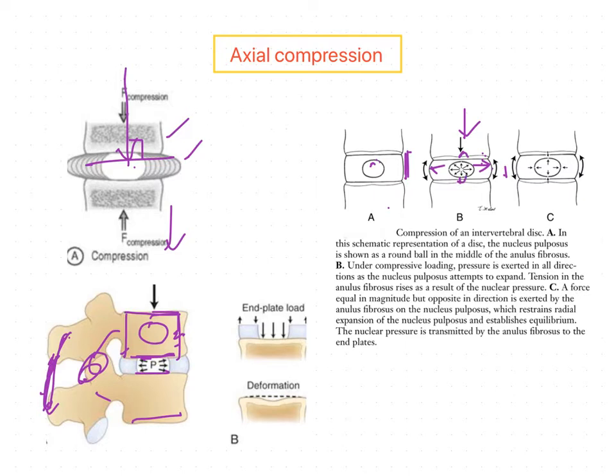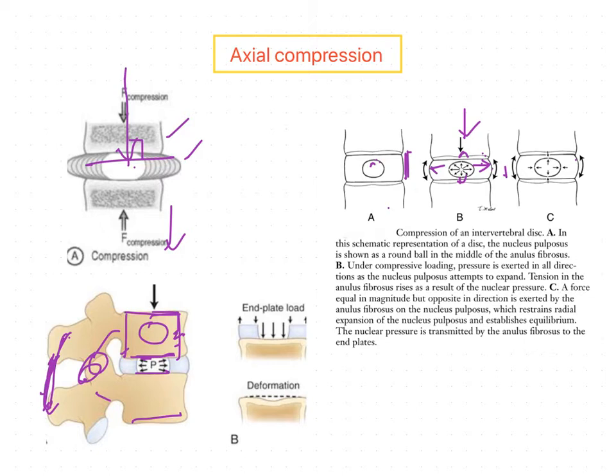Okay, and what will happen now? As the nucleus attempts to distribute the pressure in all directions, stress is created in the annulus. For every action there is an equal and opposite reaction. In the nucleus pulposus the forces are created in all directions, and the stress is created in the annulus, and the central compression loading occurs on the vertebral bodies.